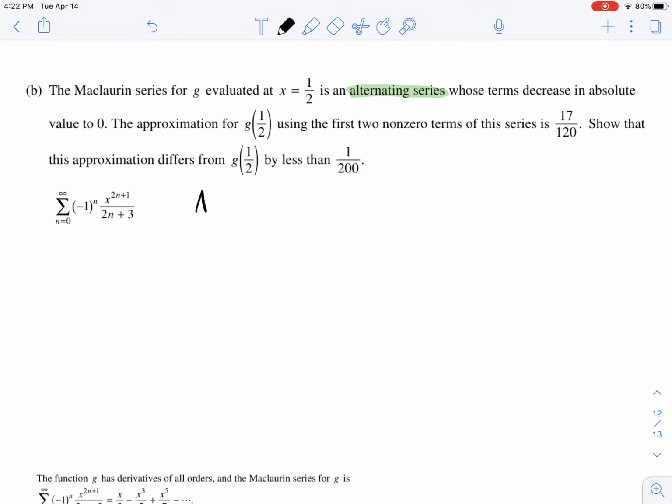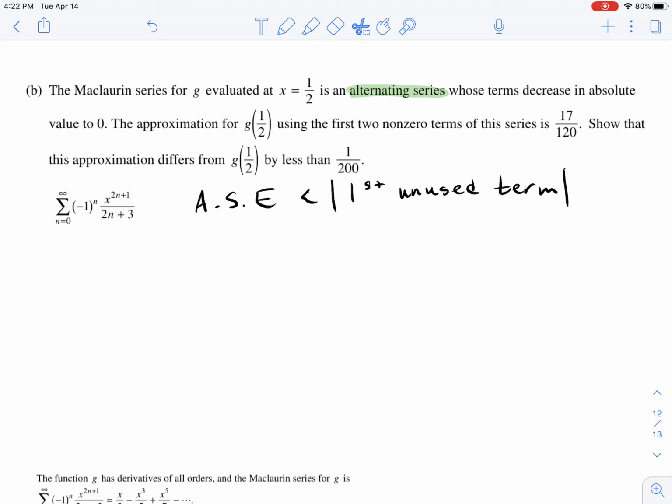And to again review what the alternating series error says, our error is always going to be less than the absolute value of the first unused term.